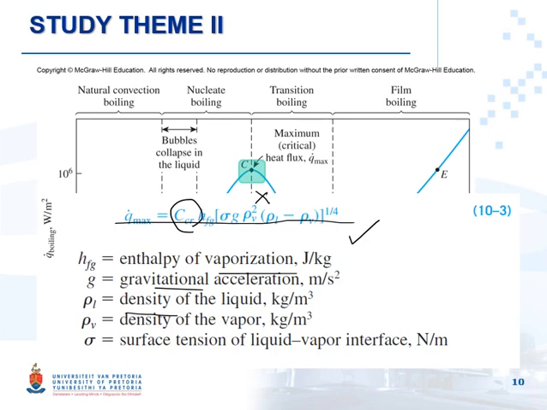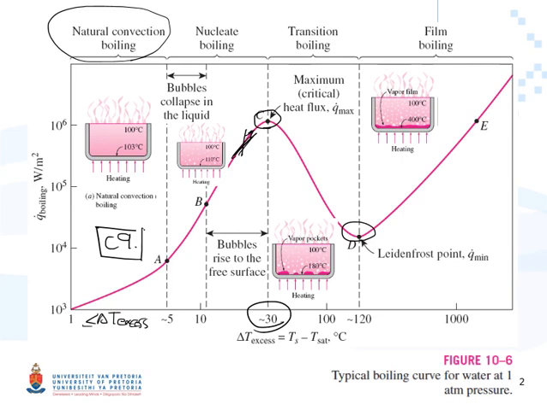So there is another important point at the end of nucleate boiling that we can't really design for, because I said that you get to the maximum, but immediately after the maximum you go down. So what you want to do is be on this side when you design something, instead of going to the other side.